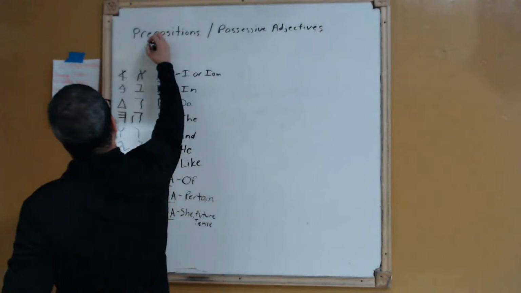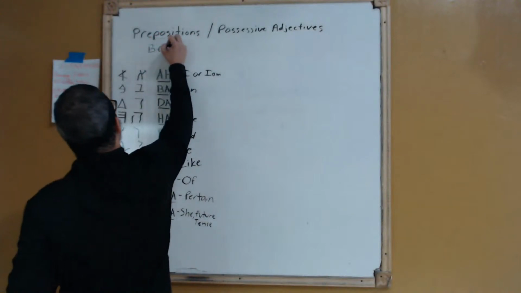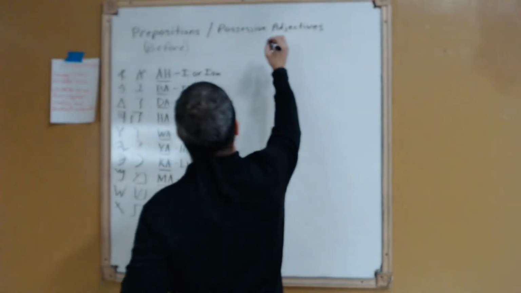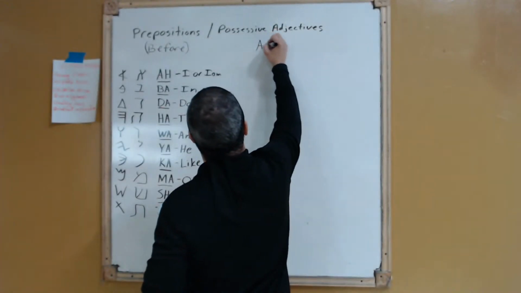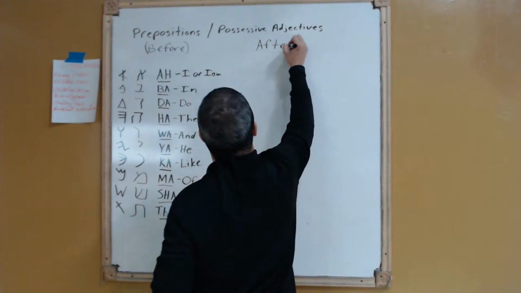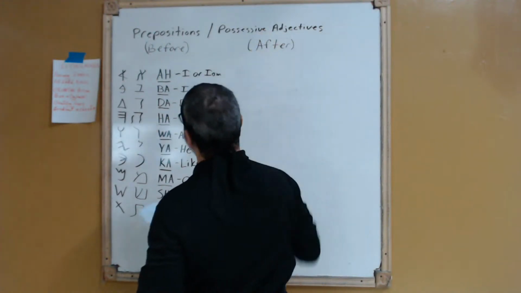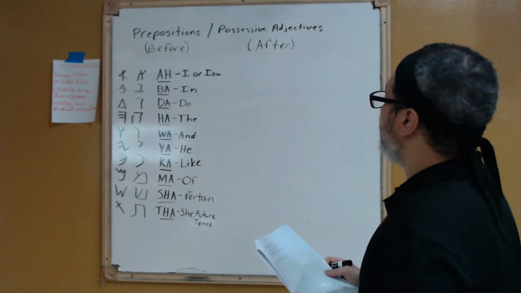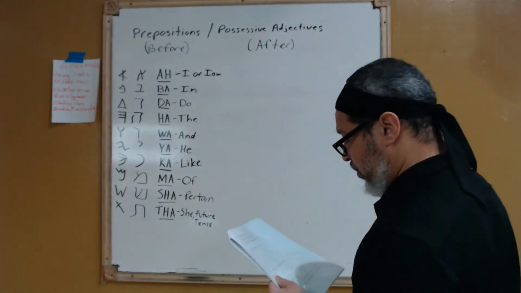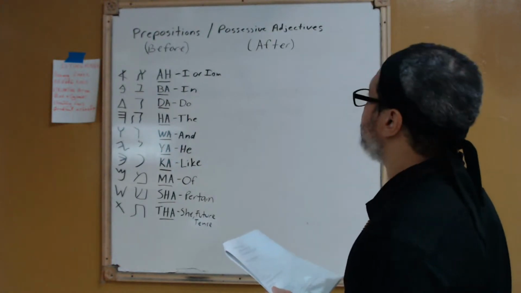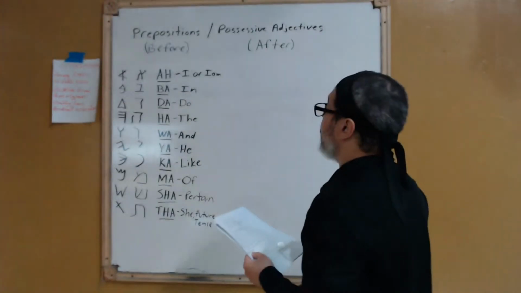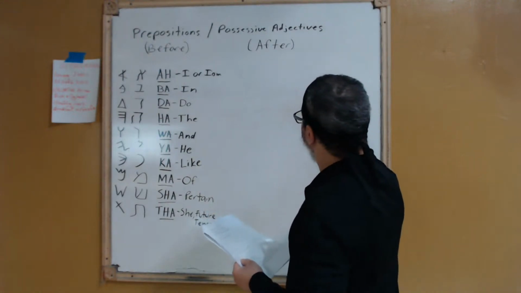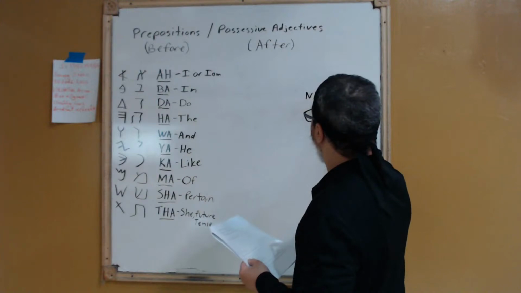So prepositions go before, and possessive adjectives go after. So the first one we'll learn is Nawa. And we'll do this one right here. Na wa.